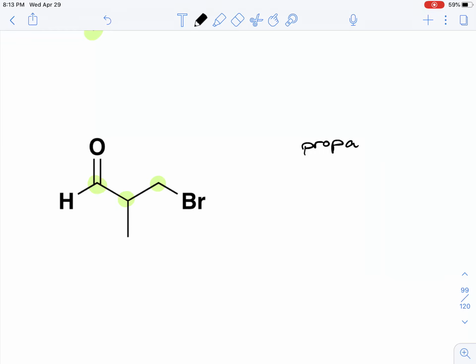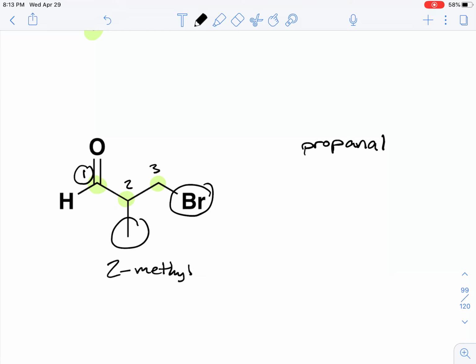Now, once again, for aldehydes, we're going to drop that E and add the Al, so that's propanal. We know that this is carbon number 1, therefore this is 2, and that's 3. So it looks like I have 2 substituents. I have a methyl on the second position, and then I have a bromo on the third carbon.